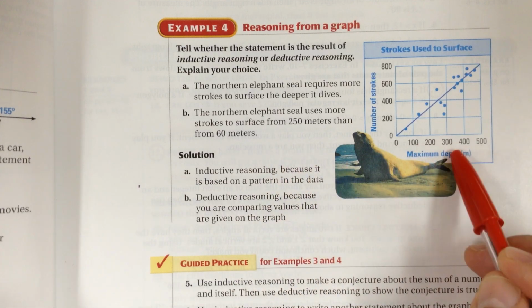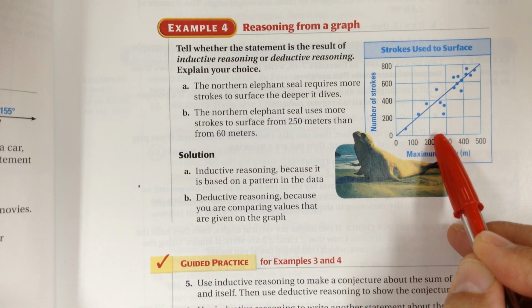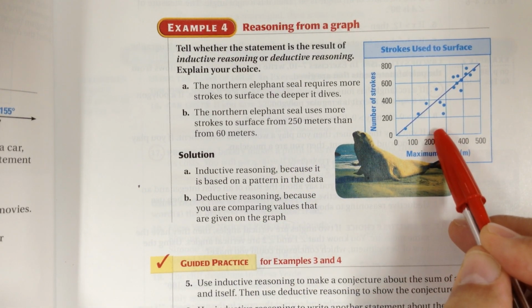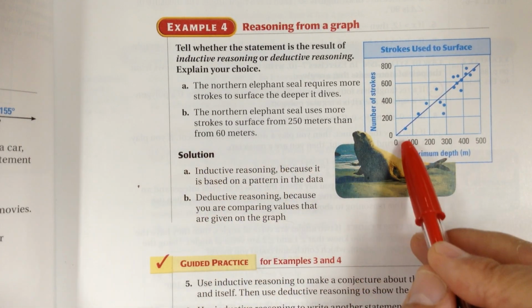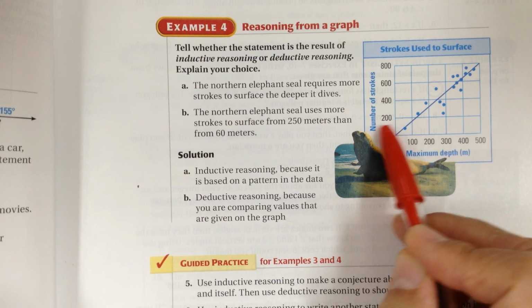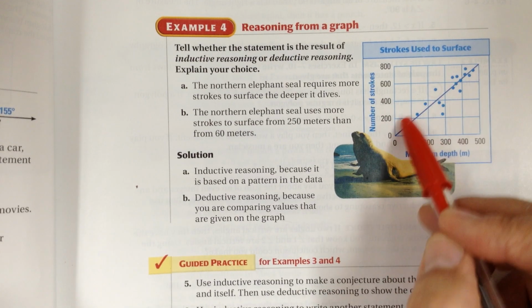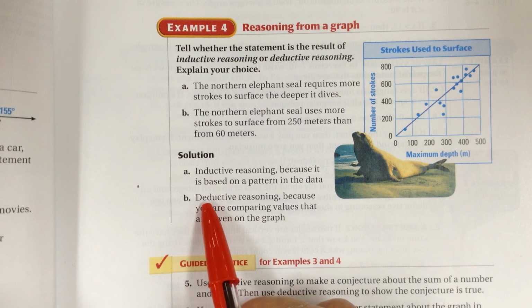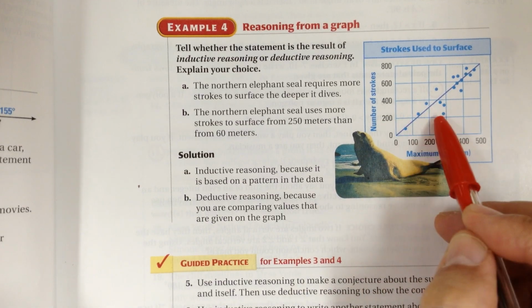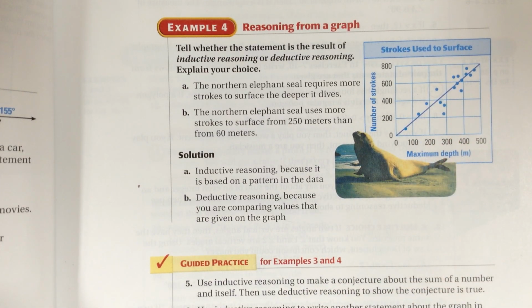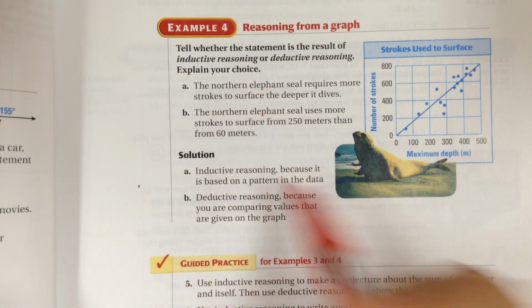Because at 250, it will take about 400 strokes, whereas at 60, it takes about 100 strokes, from the graph. So B is deductive reasoning, because you are comparing values they are giving on the graph. So you are based on the facts, based on numbers, whereas inductive reasoning is based on pattern.